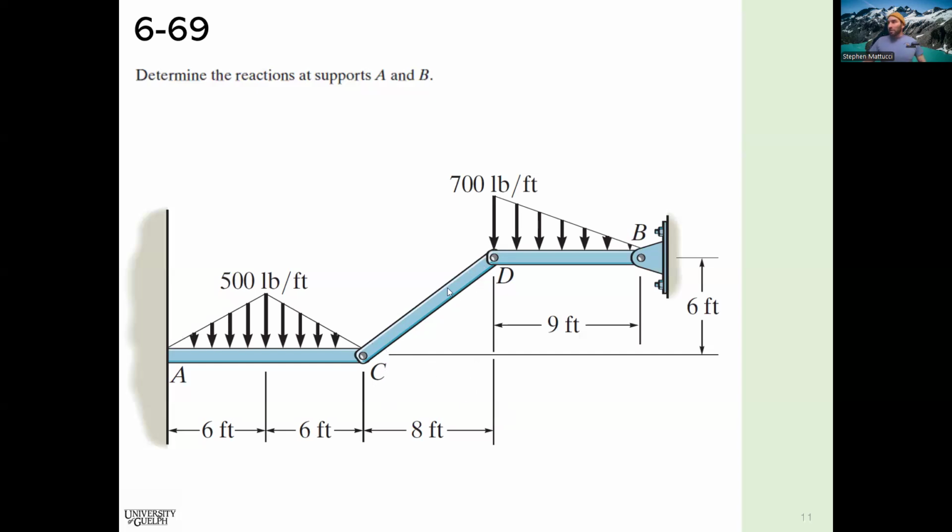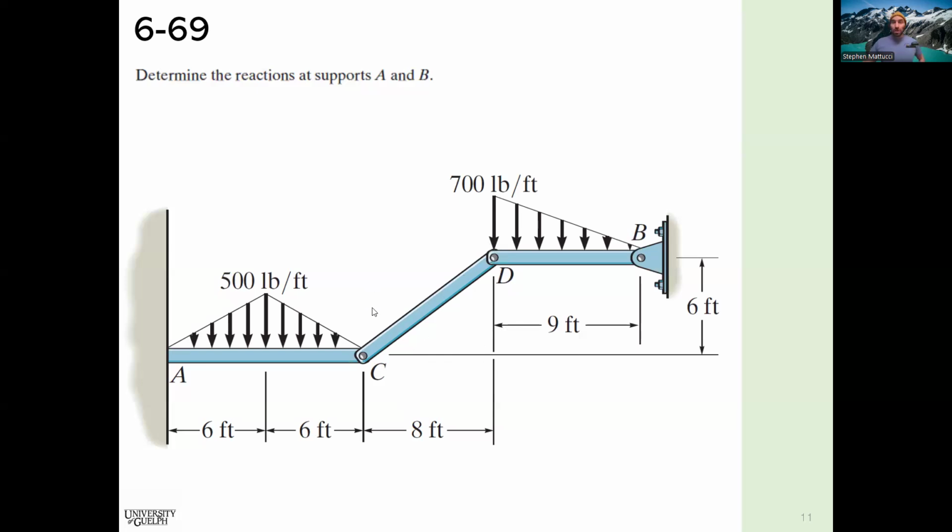The other thing that we can see here, and I'll point this out while we have the full diagram, if we're looking at the dimensions, this x coordinate for CD is 8 feet, and the y coordinate is 6 feet. And so if we divide those numbers by 2, then we're going to have 4 feet and 3 feet, which means this is going to be 5 feet. So this is actually a 3, 4, 5 triangle.